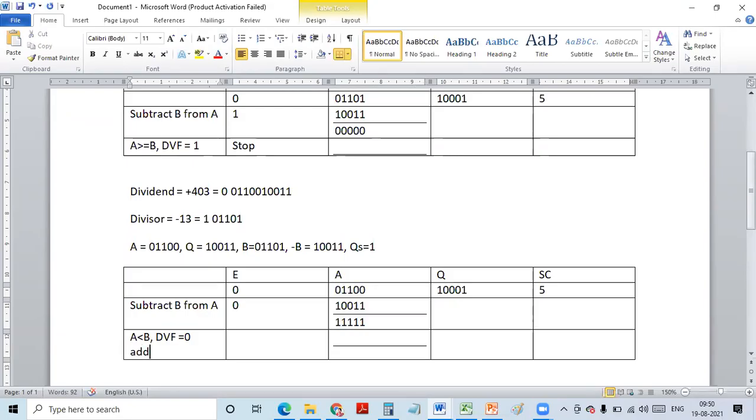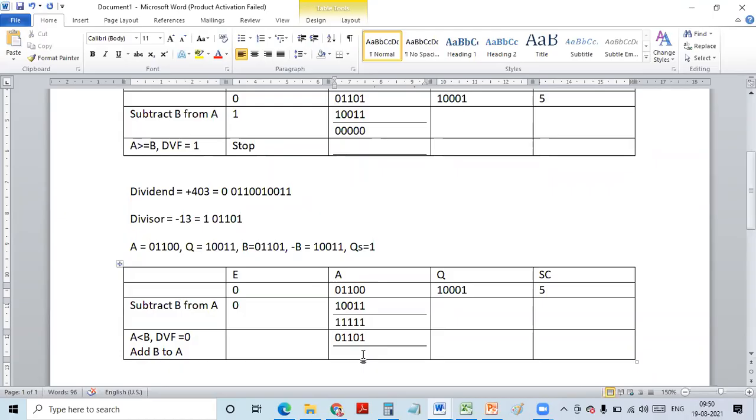You need to add B to A. Why are we adding? Because if A is less than B, you should not perform subtraction. So we are restoring our dividend back by adding B to A. What do you have to add? B, which is nothing but 0, 1, 1, 0, 1. This we need to add.